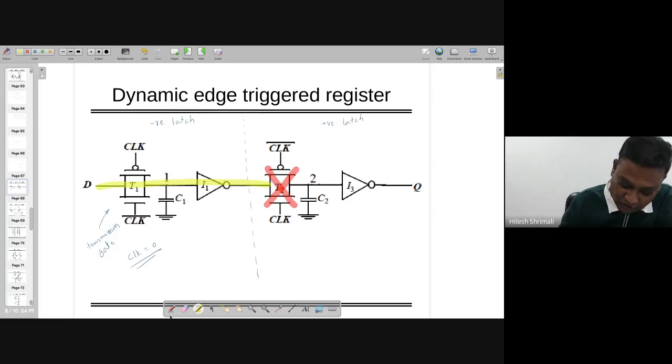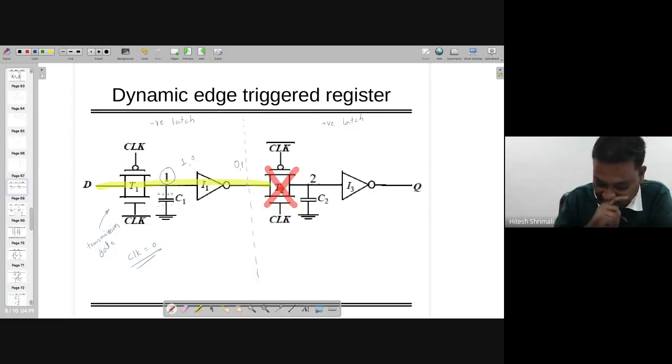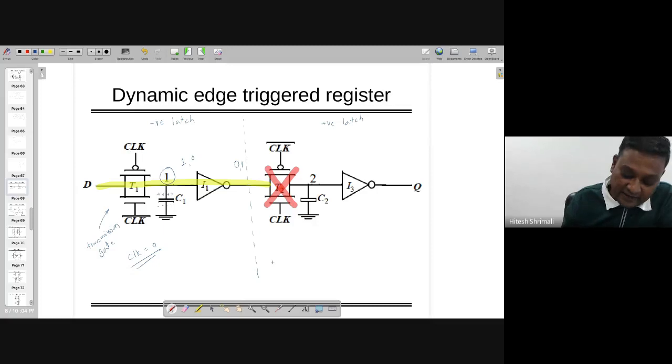So the data is not going here at that time. Whatever data comes in will be stored on the positive plate of the capacitor, and later on, if it is logic 1, it will be connected to logic 0, and if it is logic 0, it will be connected to logic 1, because of this inverter.